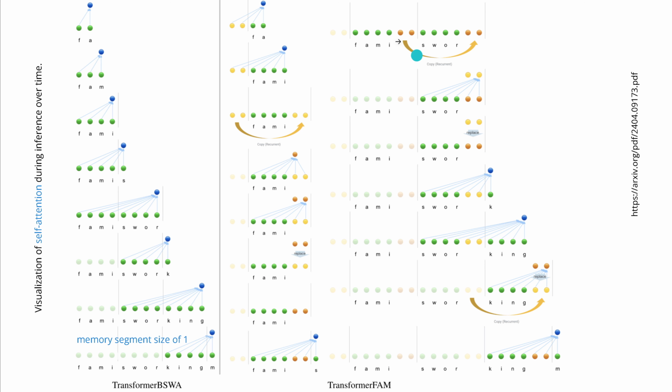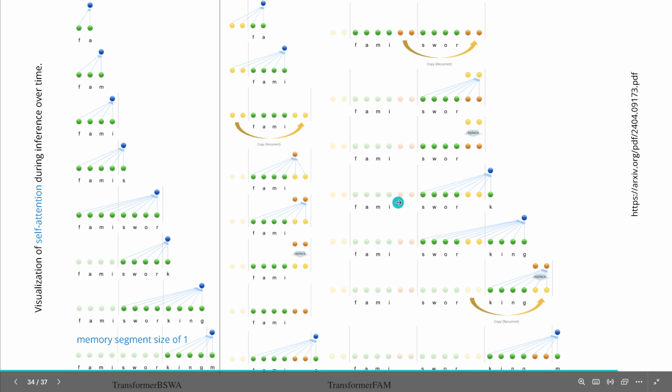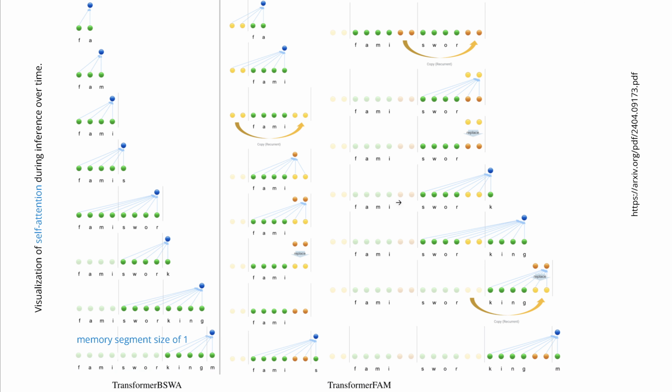And on the right side, we have the operational time steps of the TransformerFAM. We simply have a simplification of a visualization of the self-attention mechanism of those two transformers during inference over time.